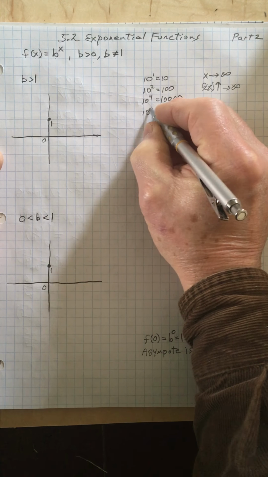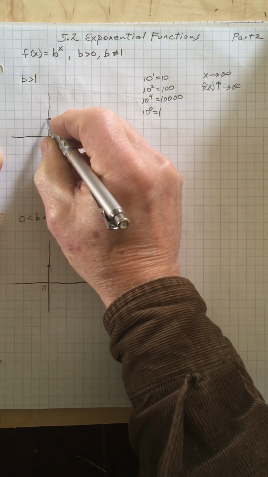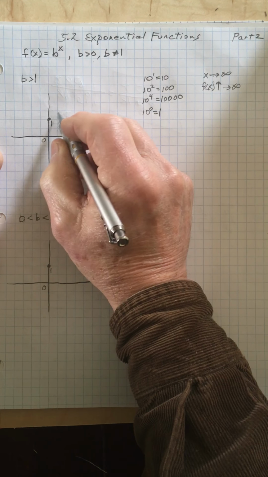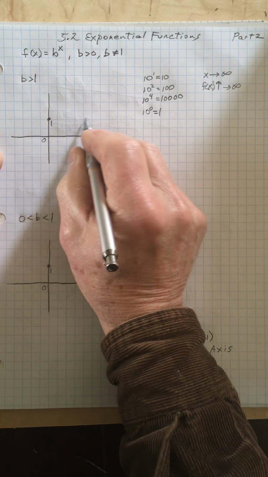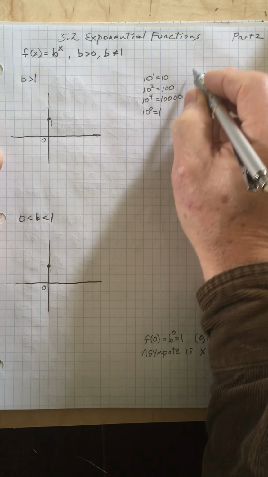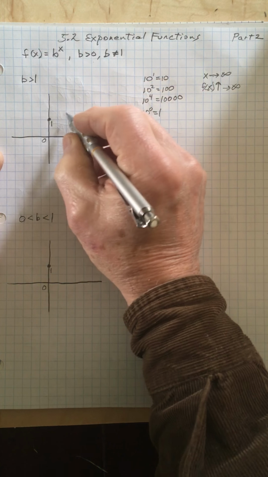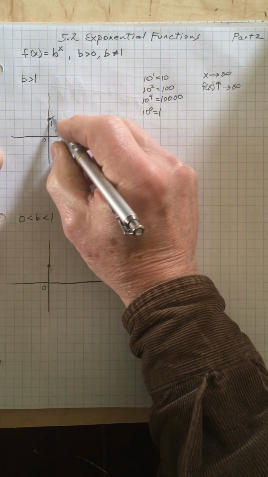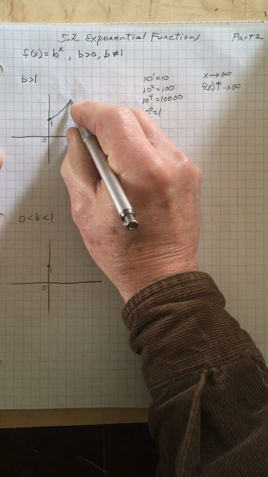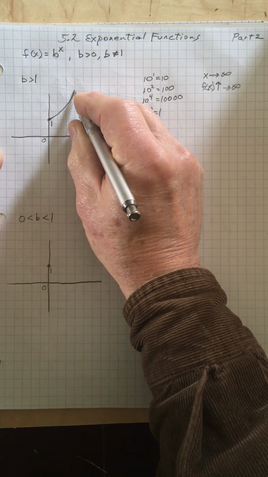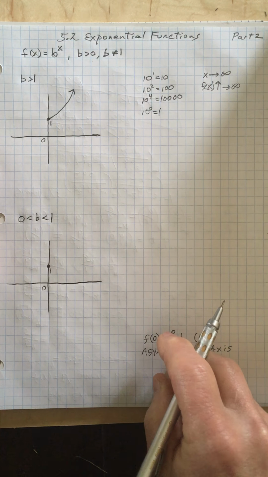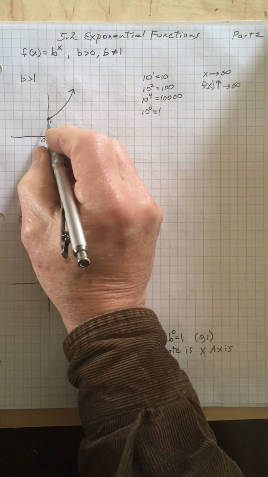Now, we know what happens at 0. It always equals 1. So now we're here. If I start here, I know that every time I move in the x direction, I'm getting bigger and bigger and bigger by quite a bit. And if you plot actual points, you start to get an exponential curve like this. So I think we can already figure out what's going on here.